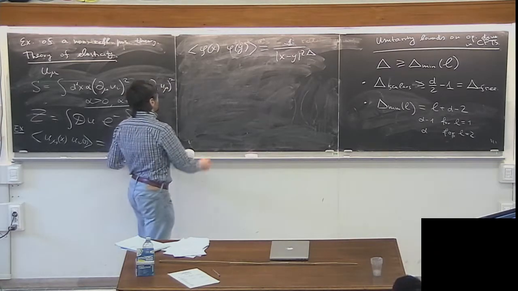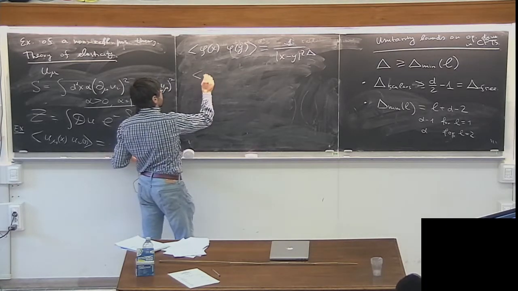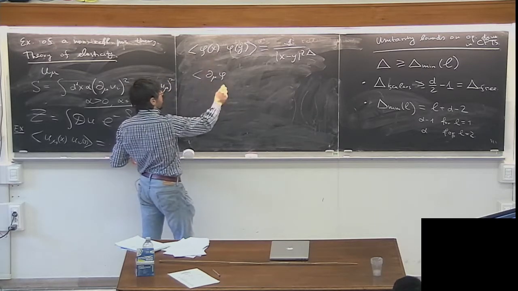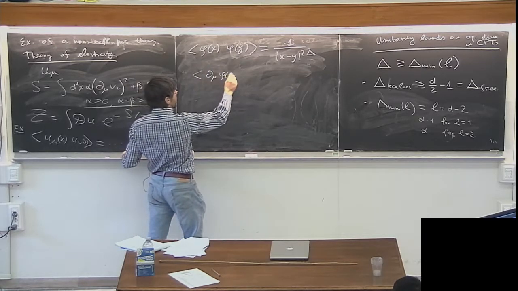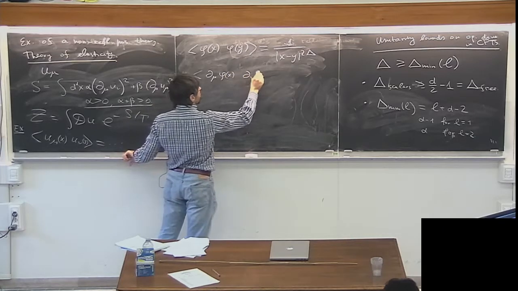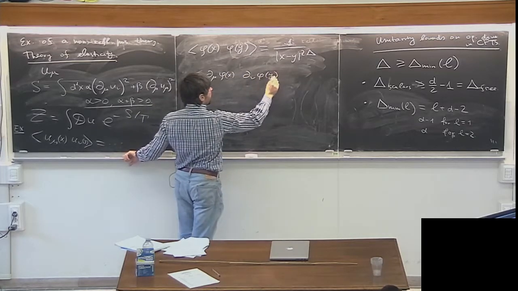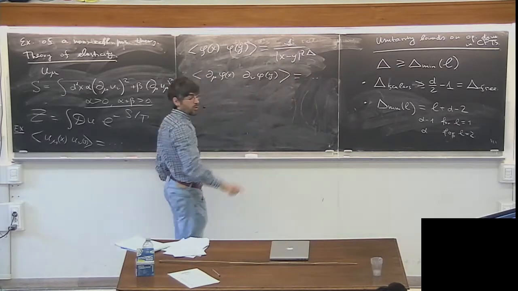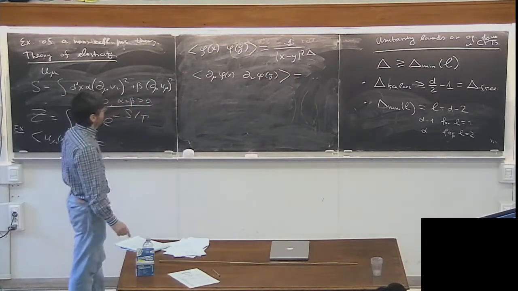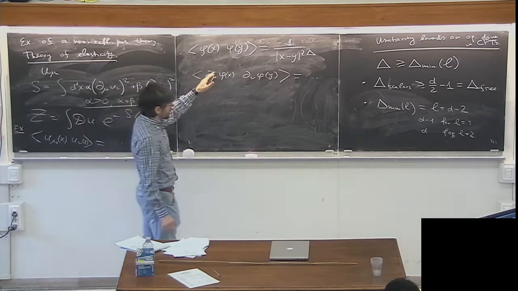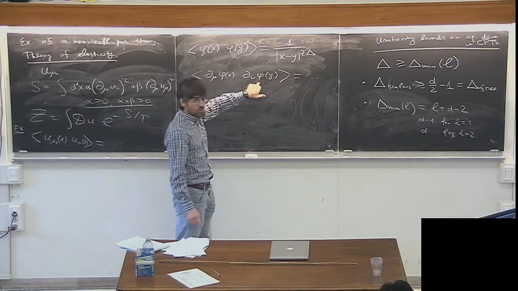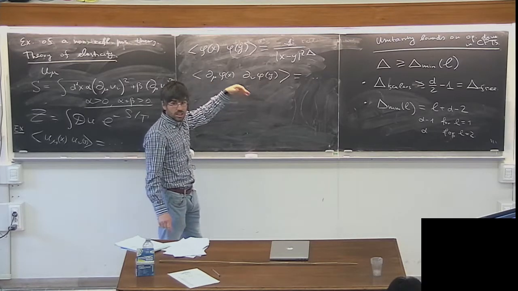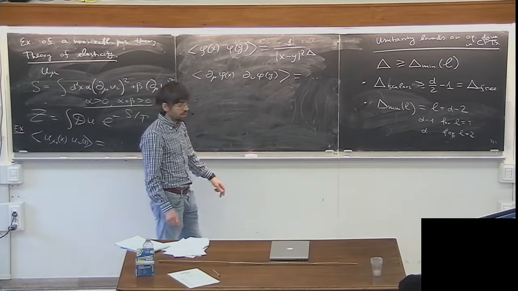But now, given this equation, we can differentiate it in x and y. So, d mu phi of x, d nu phi of y. Just differentiate the formula in x and y. And again, we have to demand that this two-point function, now a two-point function of a vector field, satisfies reflection positivity.